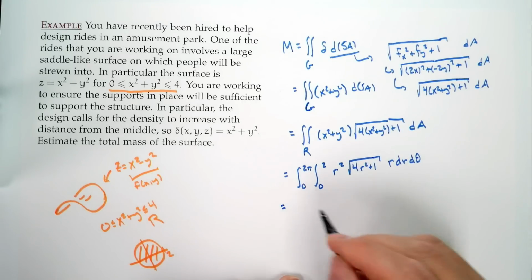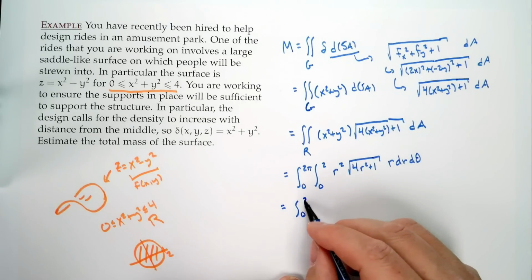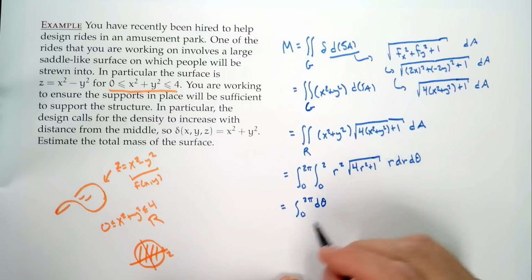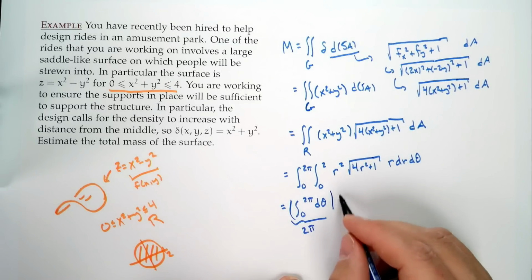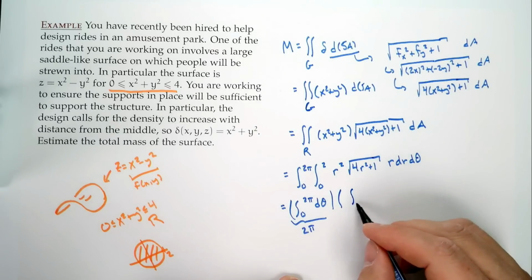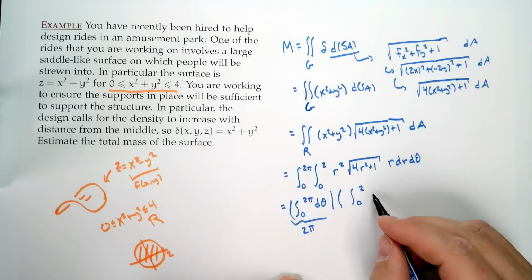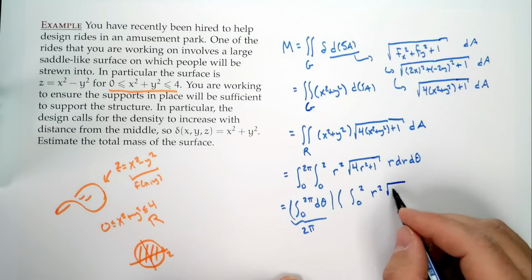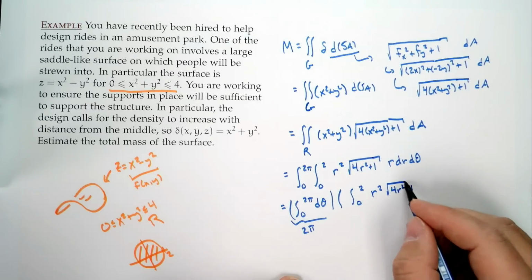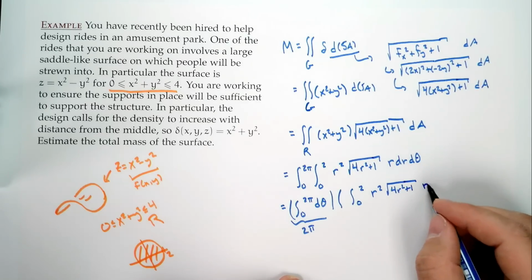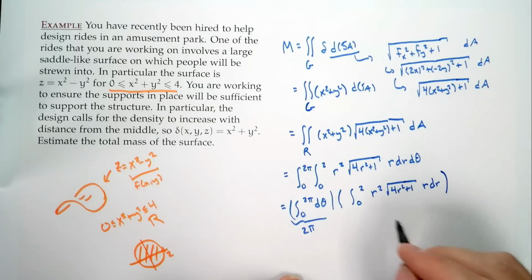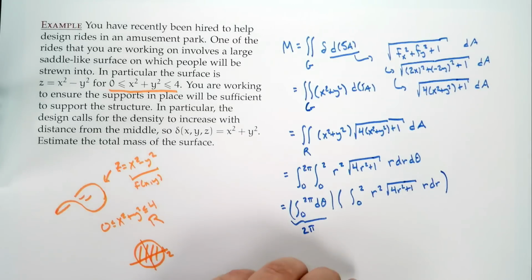We can pull out the d theta integral separately, do that really quick. 0 to 2 pi d theta, 2 pi. Well, that was easy. The other one I suspect we'll have to think a little bit about. So this is 0 to 2, and we're going to have r squared, square root of 4r squared plus 1, and r dr. Now, what do we do?